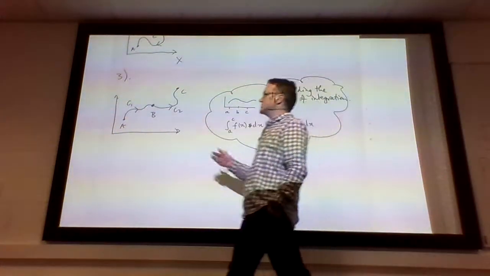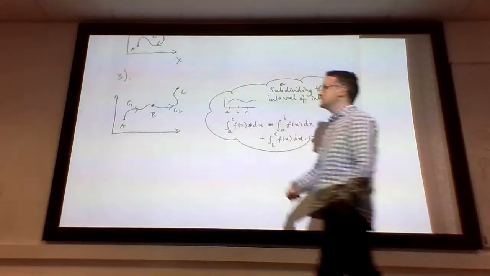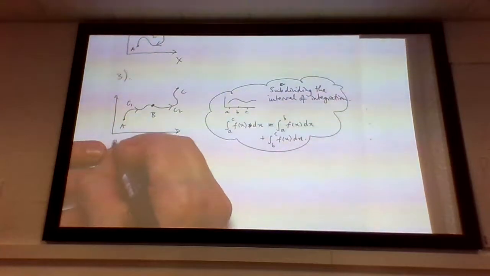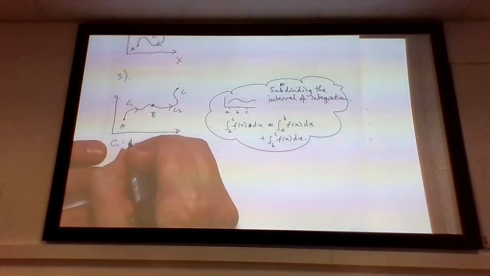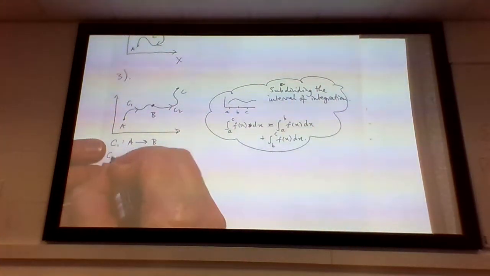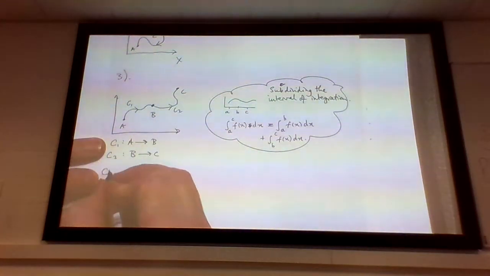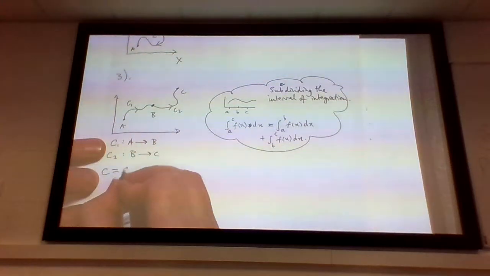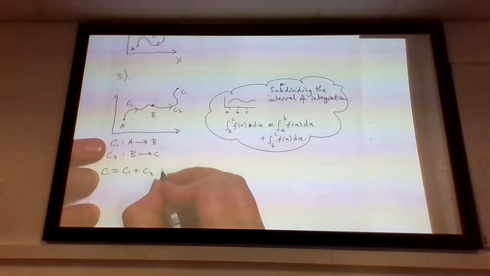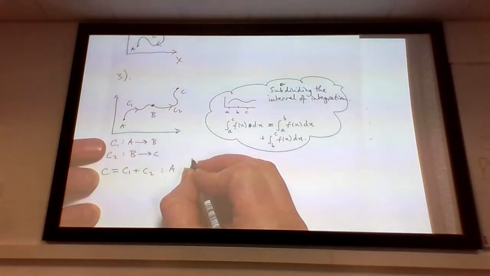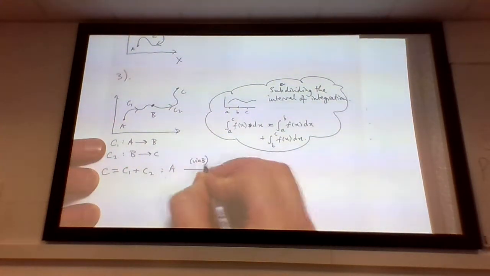Where C1 takes you from A to B, and C2. So C1 is the curve A to B. C2 is the curve B to C. And C we'll take to be equal to C1 plus C2, which means the curve from A to C via B in the middle of it.